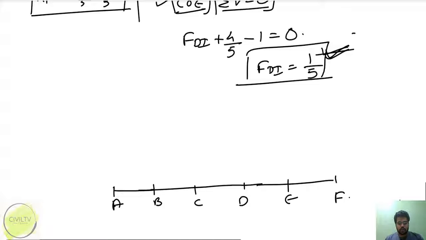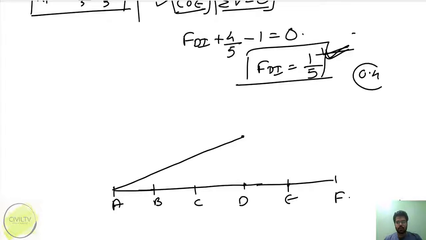At joint D it came out to be 0.4, and when I applied it at joint E, it came out to be 0.2. So this was 0.4 positive, this was 0.2, and then 0.